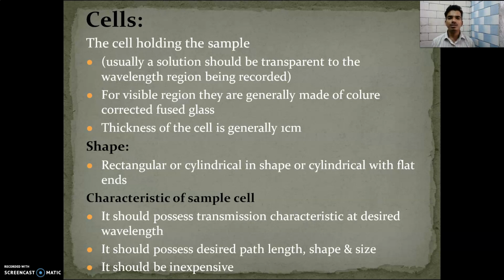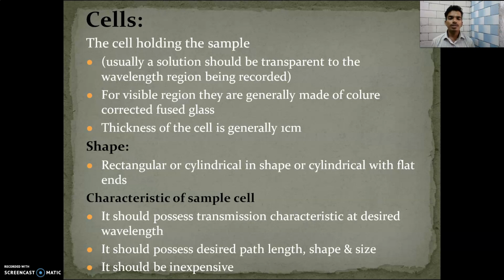Different things are taken into consideration for colorimetry or visible spectrophotometry, but commonly a 1 centimeter cell is used. Rectangular, cylindrical, or cylindrical with a flat end types of cells are used, which are also made of quartz.